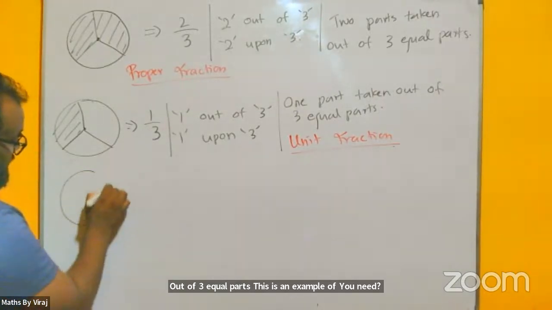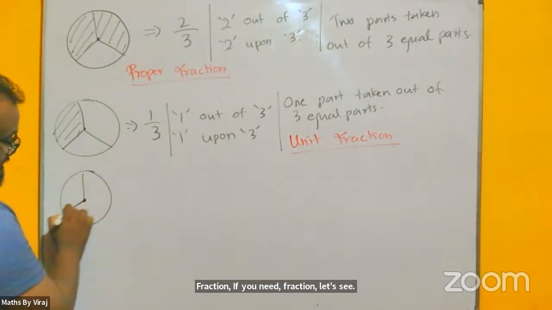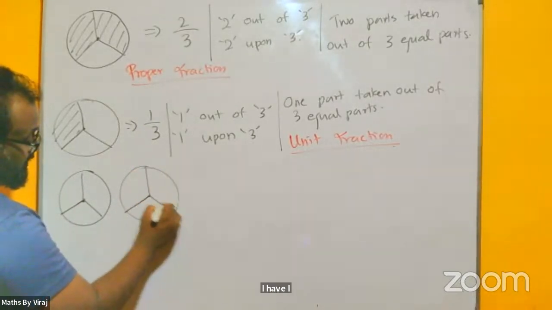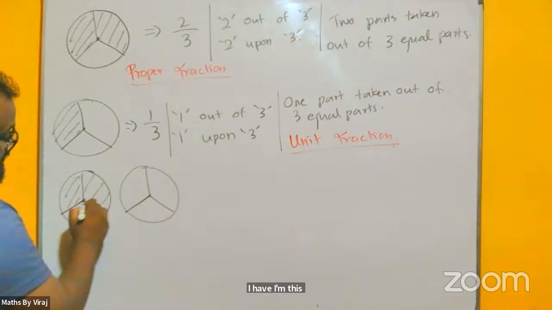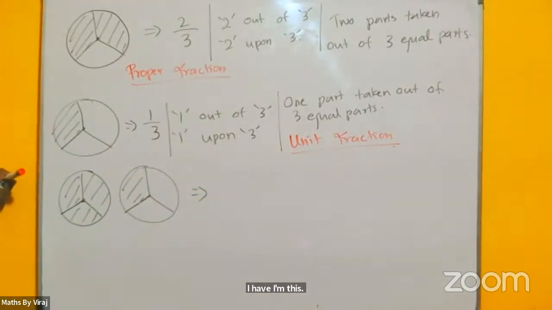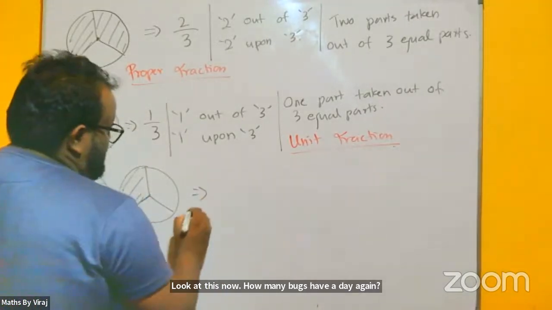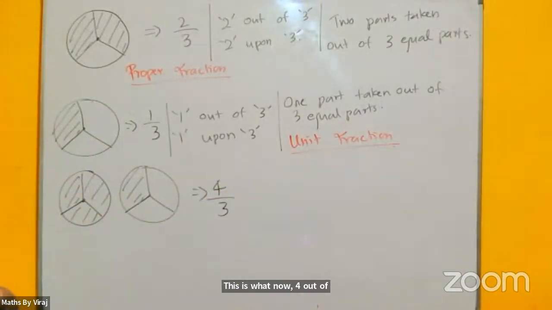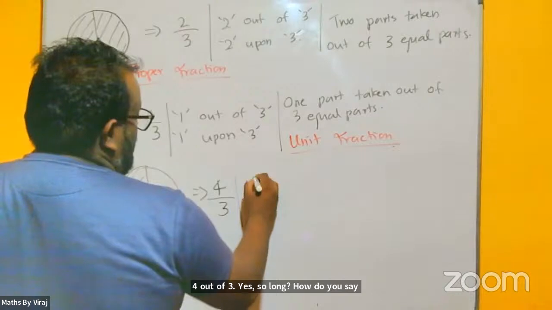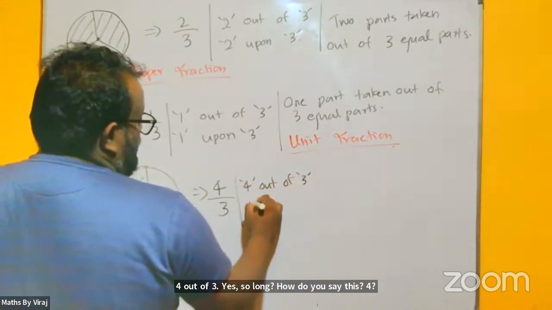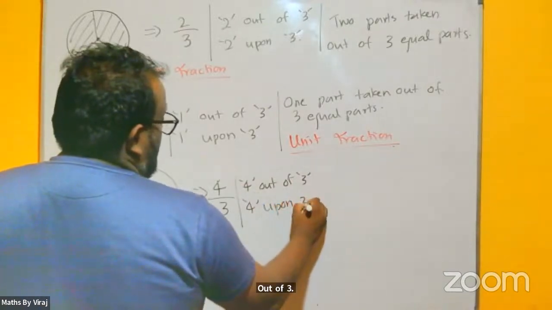Let's see. I have cut this into parts. Look at this now. How many parts have I taken? This is 4 out of 3. Yes or no? How do we say this? 4 out of 3, 4 upon 3.